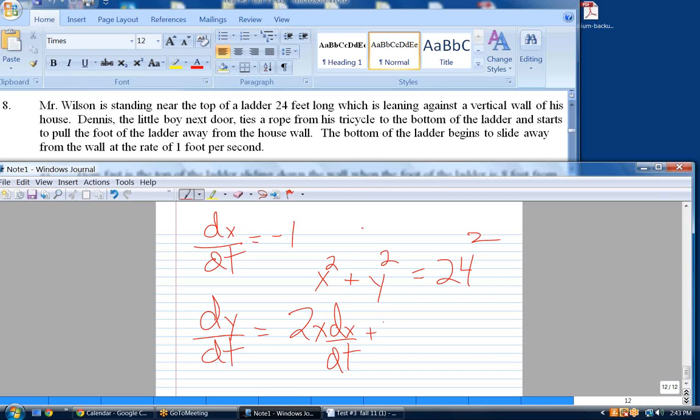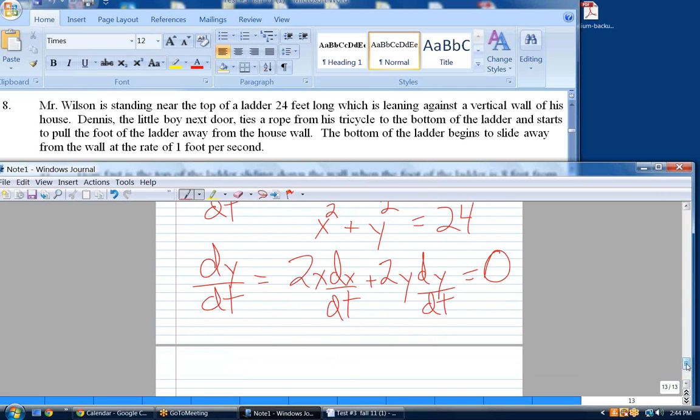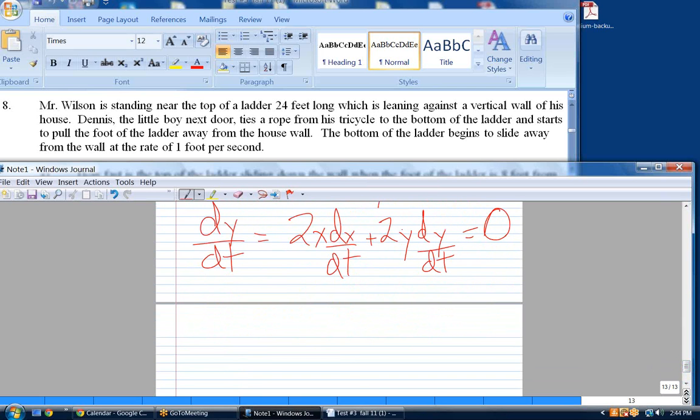Plus 2y dy/dt equals, that turns into a 0. So now notice that we know dx/dt is -1.